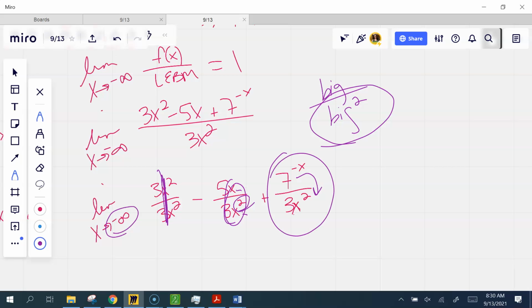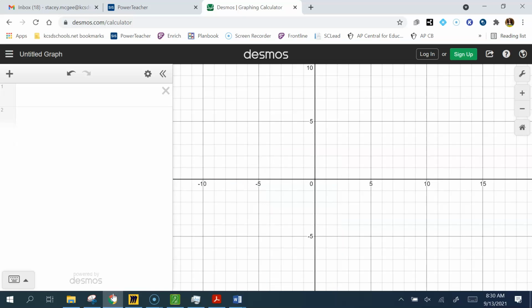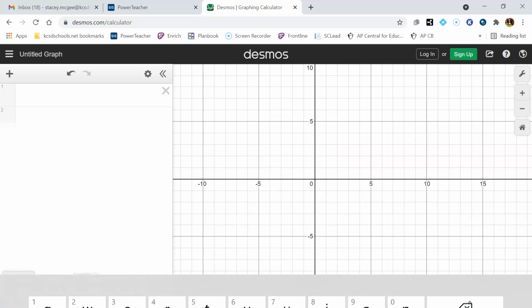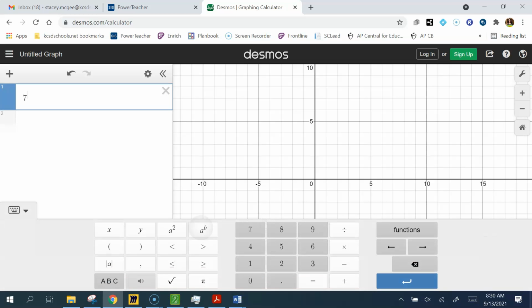If this piece confused you a bit, you could even graph these two, and let me show you, because you definitely want to use your calculator if you have it. If I do 7 to the negative x, not that one, 7 raised to the negative x, divided by, what was it, 3x squared?